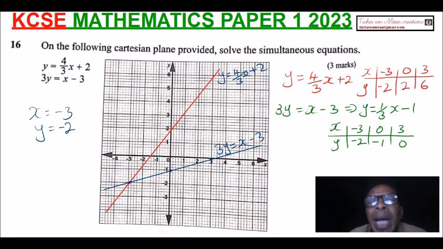You can check by substituting in the equation, and you will see that it actually works. If you substitute x = -3, you should get the value of y, and that is how you solve that question. You did this in Form 2, where you are taught how to solve simultaneous equations using the graph.